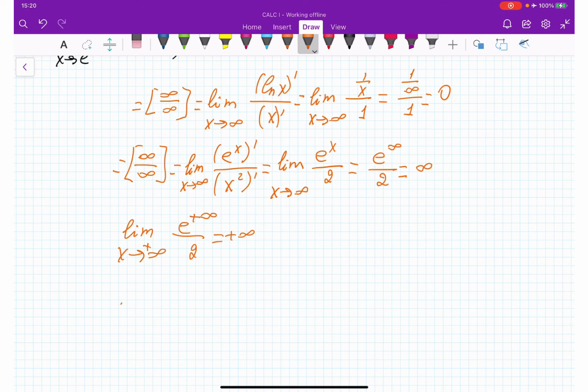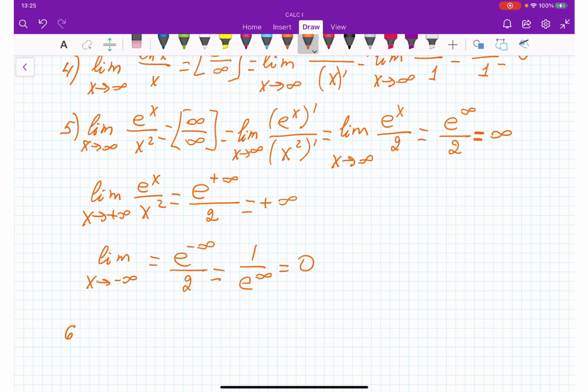And if I have the limit as x approaches negative infinity, I will have e to the power negative infinity over 2, which would be 1 over e to the power positive infinity, which is going to be 0.